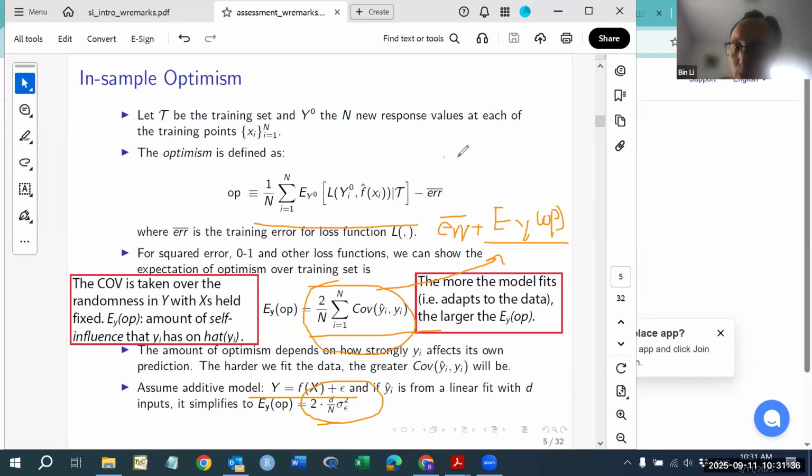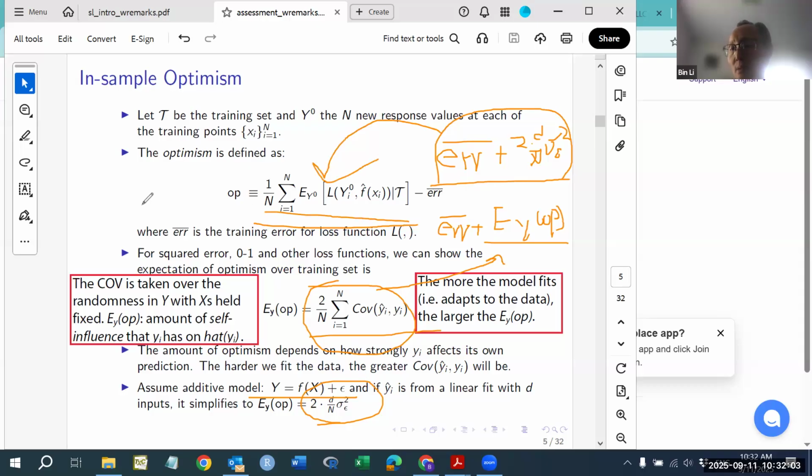That can also be written as the training error plus, replacing this, 2 times d over n times sigma epsilon squared. So that is the one that can be used. If we find the model that minimizes that, that is the one that most likely will minimize the in-sample error. Okay, and that's the idea.